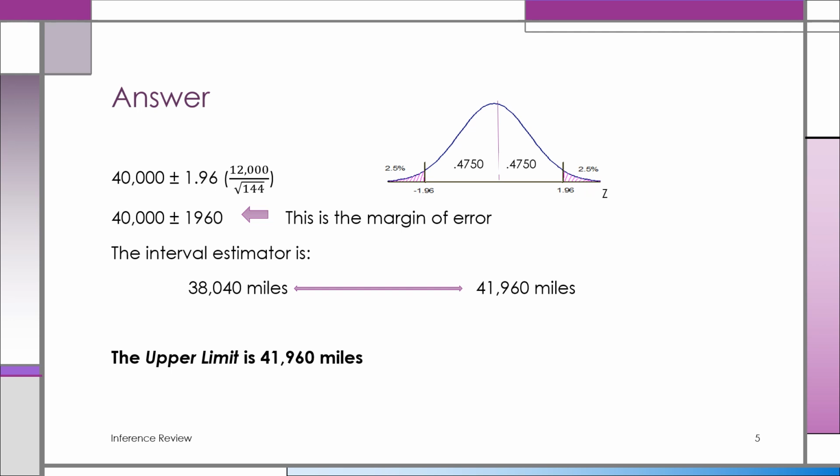You see the picture there of the z distribution. 2.5% in each tail. It's the same as saying 0.025. The 95% is in the center of the distribution, and we want to get a confidence interval estimator that covers the central 95% of the distribution.